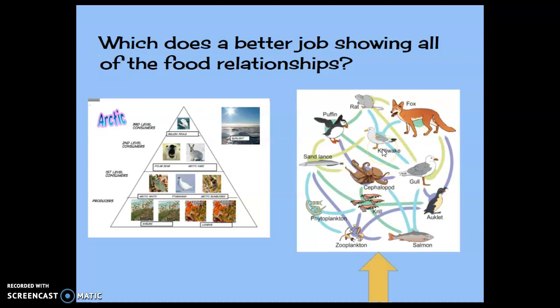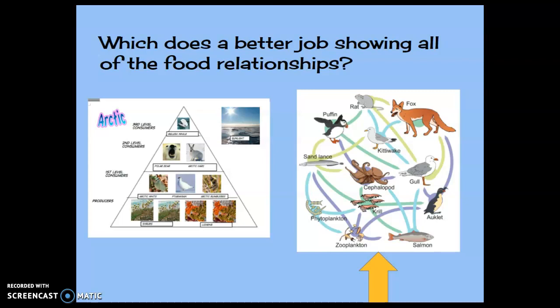A food web shows all the food relations, right? The predator-prey relationships that are there, as well as producer-consumer relationships. You know exactly what the gull eats, as well as what a puffin eats by looking at the arrows.